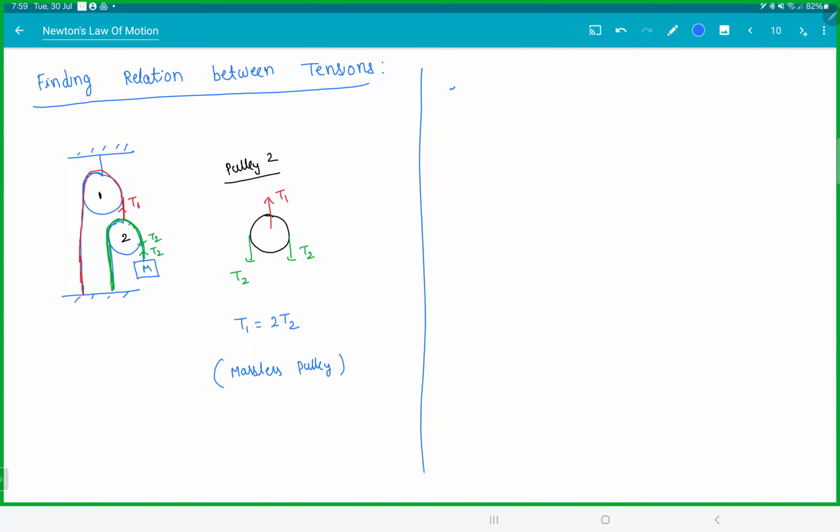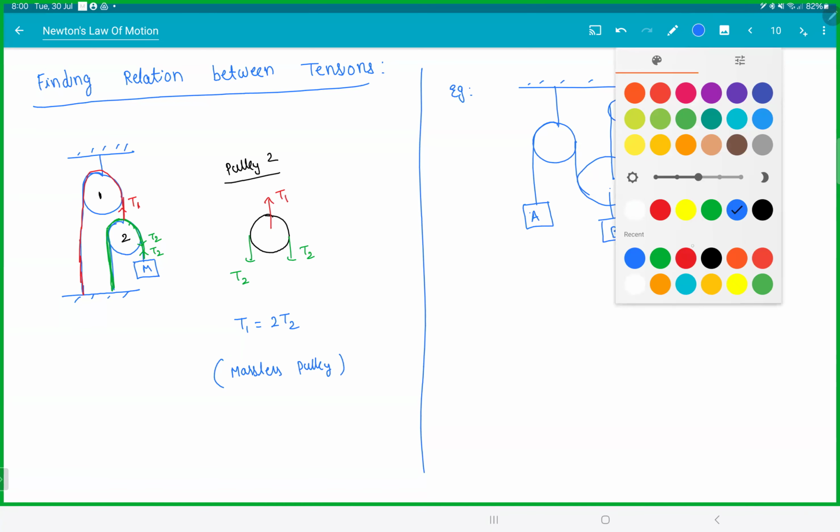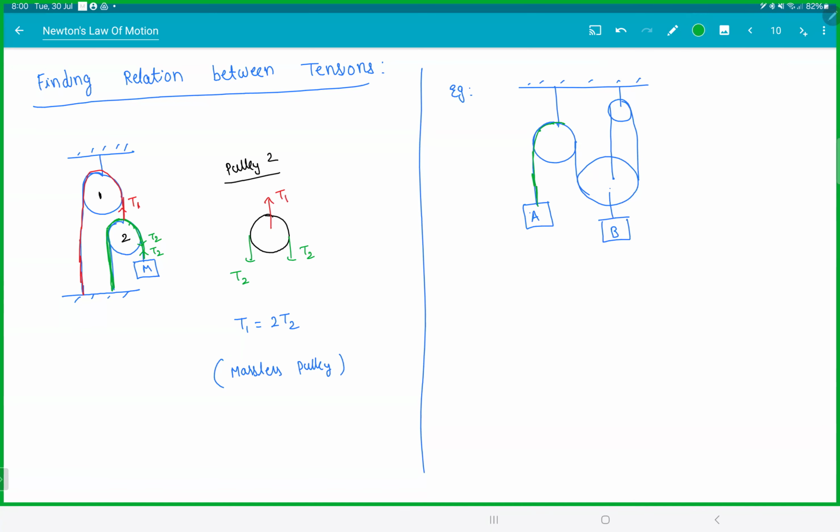Now, if I give you one more example, keep it simple. Let's say this is B. Now you can clearly see this entire thing is one string.